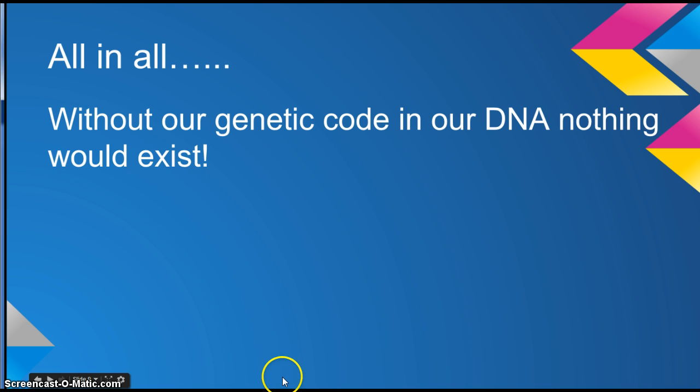So all in all, without our genetic code in our DNA, nothing would exist. Life would not be able to create life. Or you could look at it from a different perspective: everyone would look exactly the same. There would be no gender differences. There would only be maybe really short, super skinny, or super fat people, and it would be impossible to reproduce.